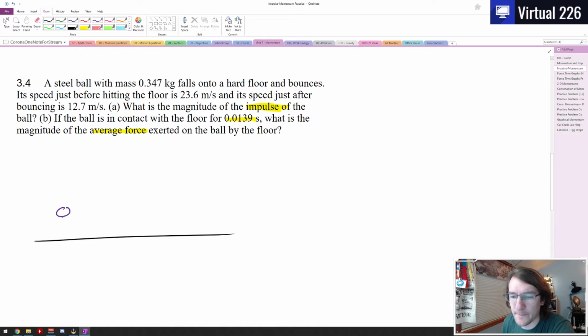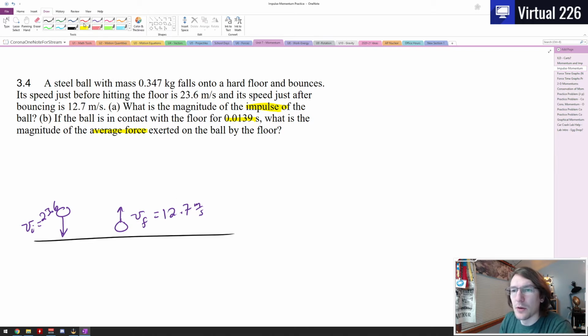So we've got a ball here, and it's moving down with an initial velocity of 23.6 meters per second. Then it hits the floor, and it's bouncing back up with a final velocity of 12.7 meters per second.